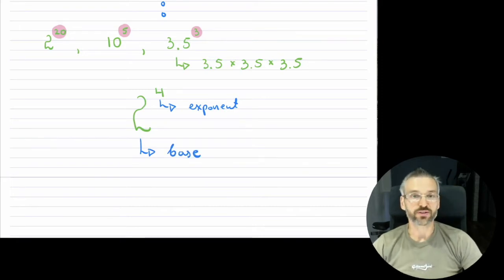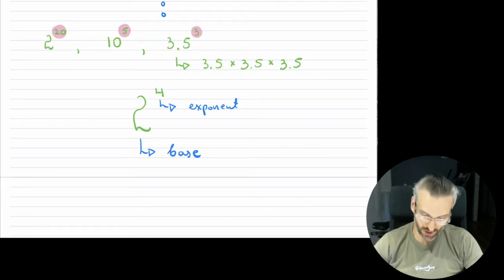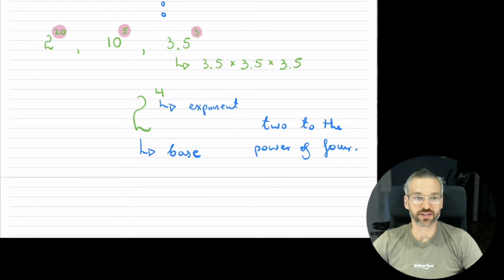And if you wanted to say this out in full, you would say 2 to the power of 4. Now you can say 2 to the exponent of 4 as well, but very commonly this would simply be stated as 2 to the power of 4. So that's what we would actually say.